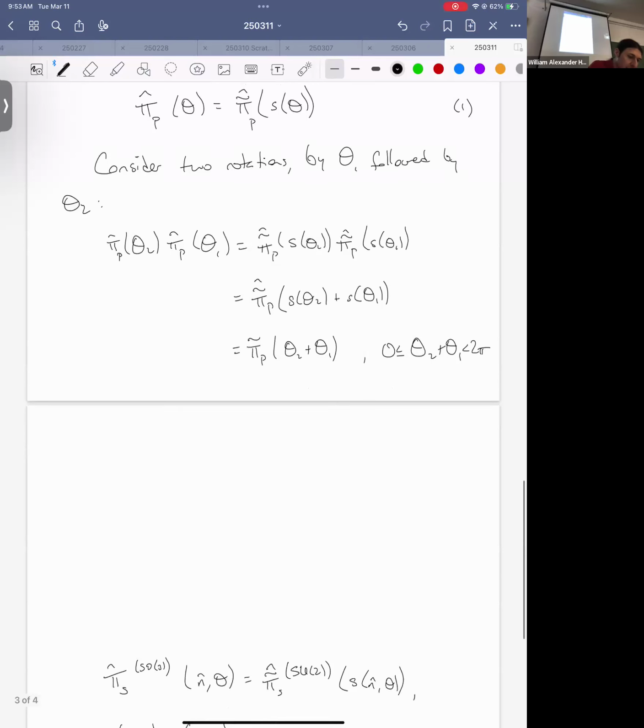But if theta 1 plus theta 2 is bigger than 2 pi, it's rather e to the i phi p of theta 1, theta 2 times pi hat of the projection of theta 1 plus theta 2. And remember that that projection involves the mod 2 pi.